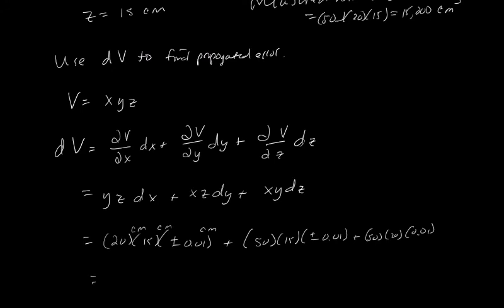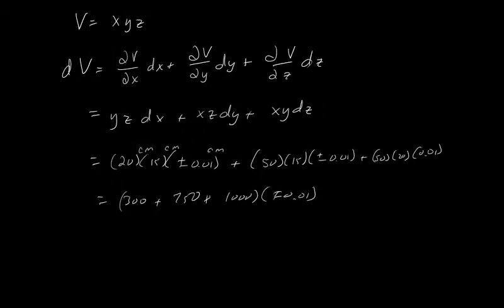Alrighty, so that's all going to come out to 20 times 15, which is 300, plus 50 times 15, which is 750, plus 50 times 20, which would be 1,000, times plus or minus 0.01. So that's going to be 2,050 times plus or minus 0.01, which is equal to plus or minus 20.5 cubic centimeters.